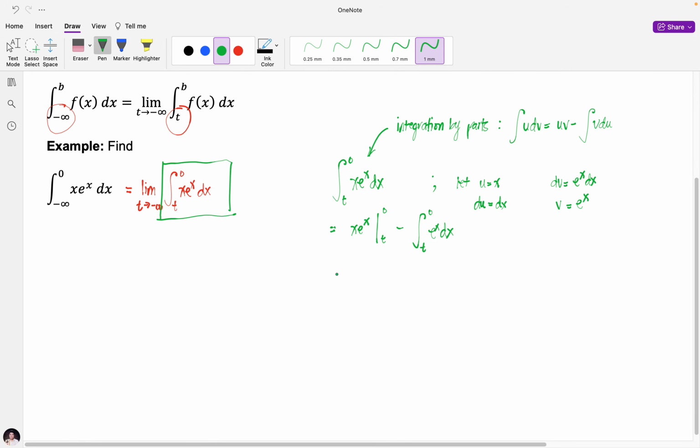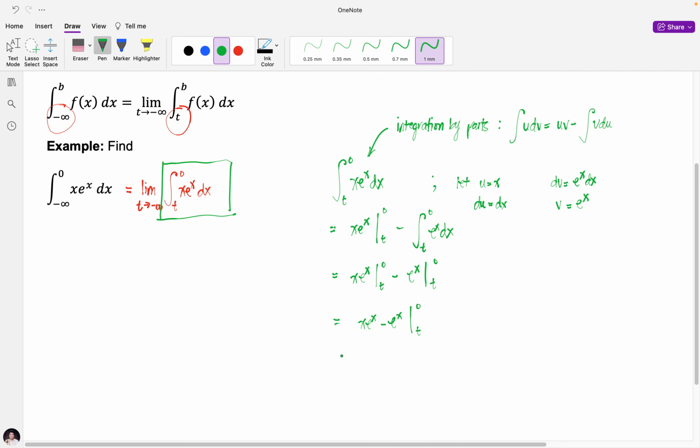So, evaluating this integral, copy lang muna natin yung first. From t to 0, this is just equal to e raised to x, evaluated from t to 0. Pwede nating i-combine itong dalawang terms na to. So this is just x e raised to x minus e raised to x, from t to 0.